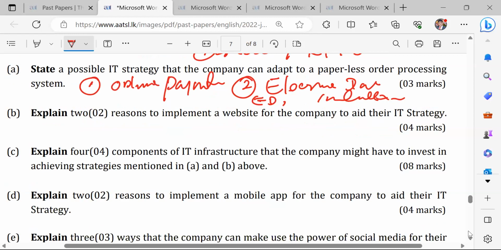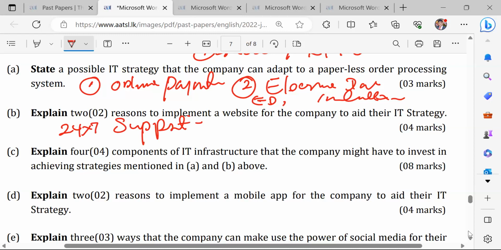Explain 2 reasons to implement a website for the company to aid the IT strategy. The explanation is what they can expect. Right? One is they can provide 24/7 support for their customers. 24/7 support, they can give over the website.